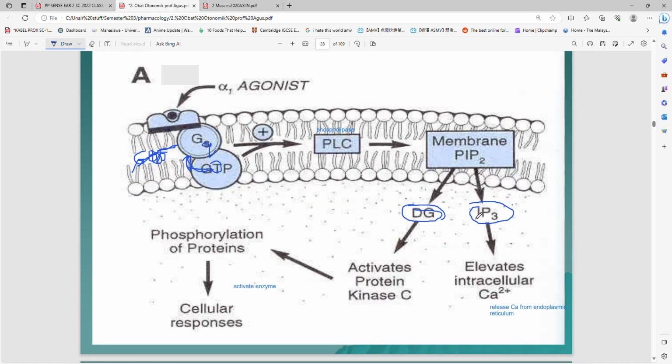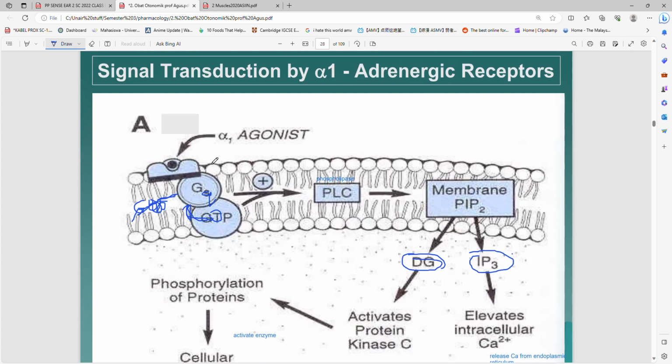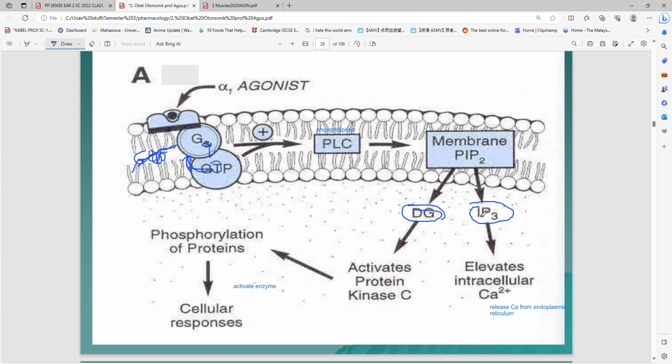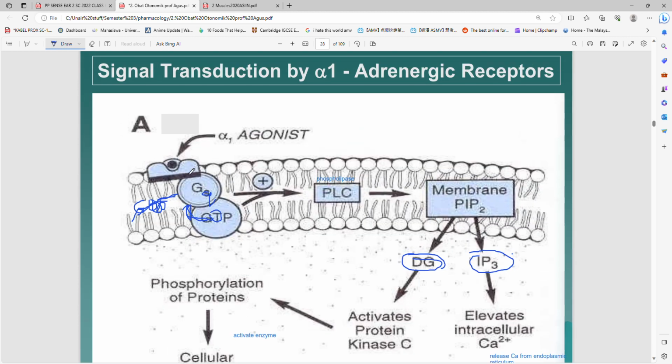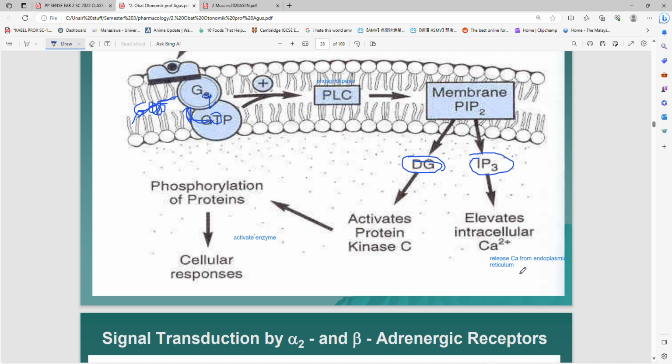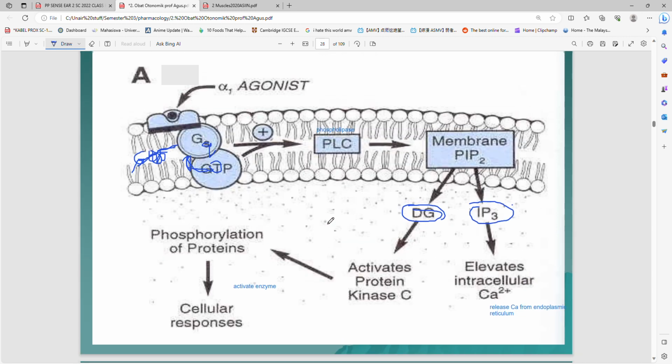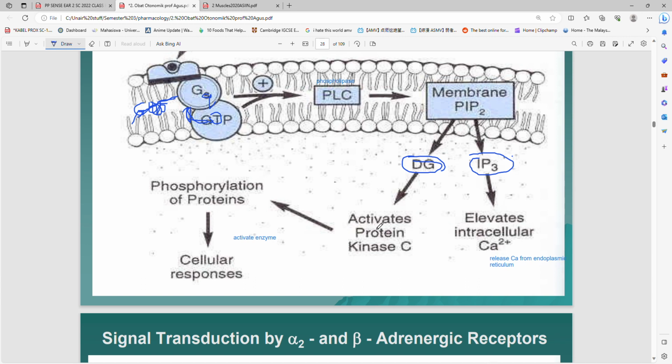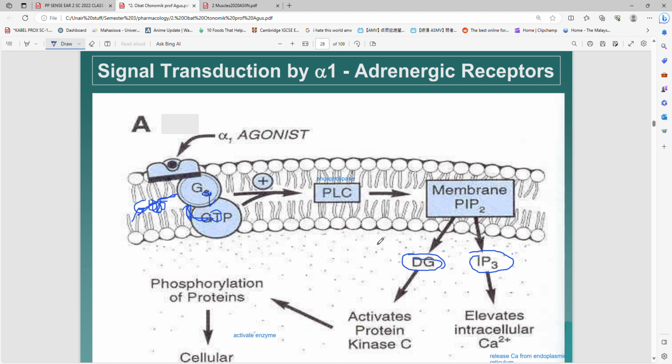So the overall view is that the Gq protein from the alpha-1 receptors contracts the smooth muscle in the blood vessels, thus causing vasoconstriction and increasing the blood pressure. It also contracts the dilator pupillae muscle, and the pupil will be dilated.